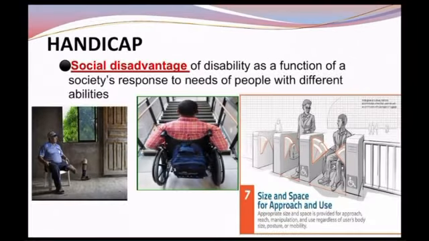Next is handicap. Handicap is the social disadvantage of disability as a function of a society's response to the needs of people with different abilities. This is what we call a social stigma or barriers of a patient or a client with disability.